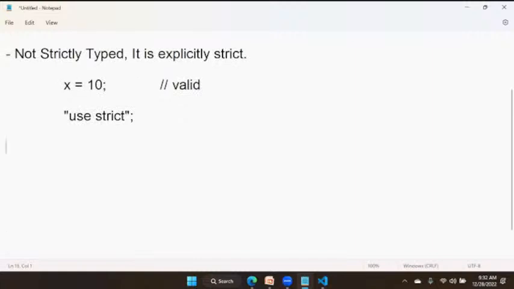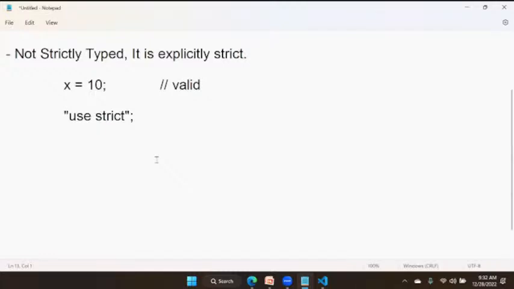In many interviews, they ask this: what is strongly typed? What is strictly typed? What do you say? Strongly typed is about data types. Strictly typed is about the programming rules, programming standards. I just showed you declaring a variable. Like that, so many programming rules will be there.